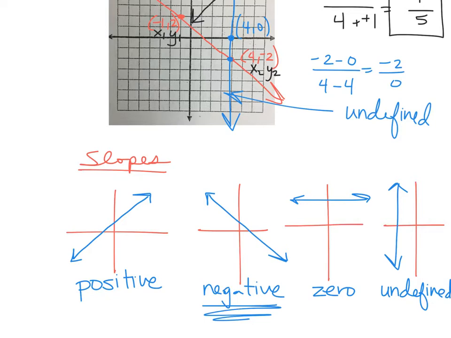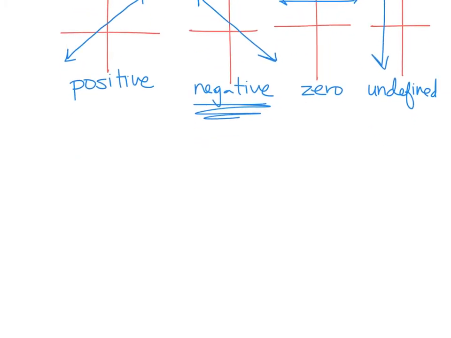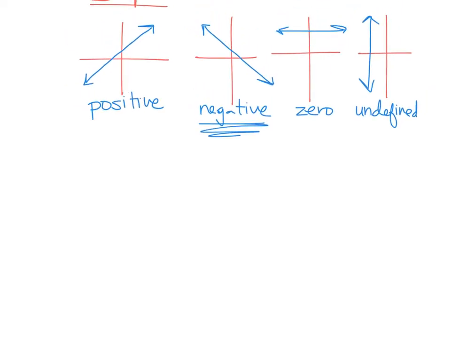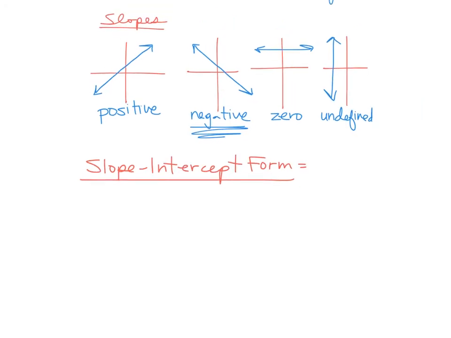Okay, then there are 2 types of equations that we're going to talk about. And you know them both. You learned them both last year. So the first one is slope-intercept form. Is it all coming back? Hopefully. What does slope-intercept form look like?